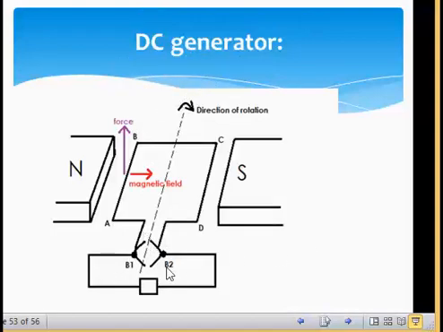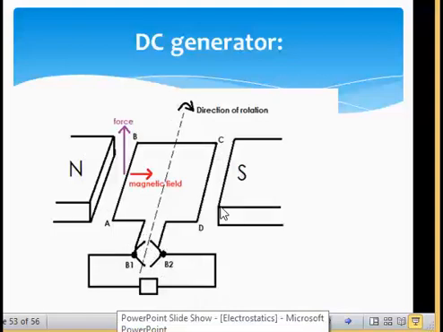You change the slip ring found in the AC generator into a split ring. So when you do that, you have converted the AC generator into a DC generator.